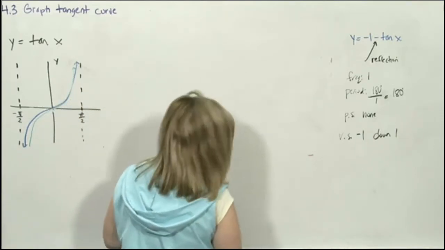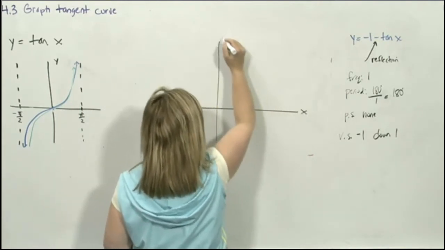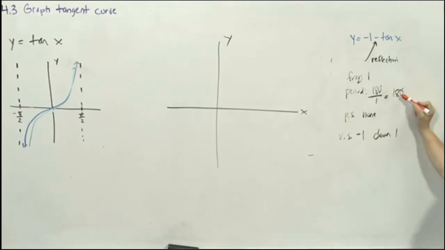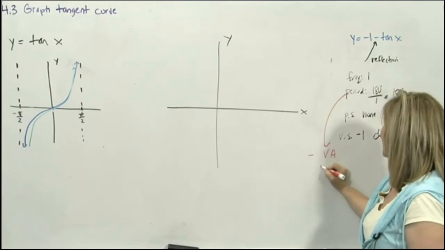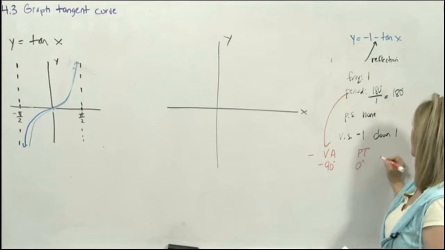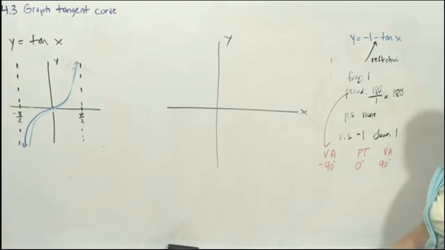All right, so let me set up an XY axis. Okay, by knowing the period's 180 tells me that our vertical asymptote should be at negative 90 degrees, our point should be at 0 degrees, and our other vertical asymptote should be at positive 90.